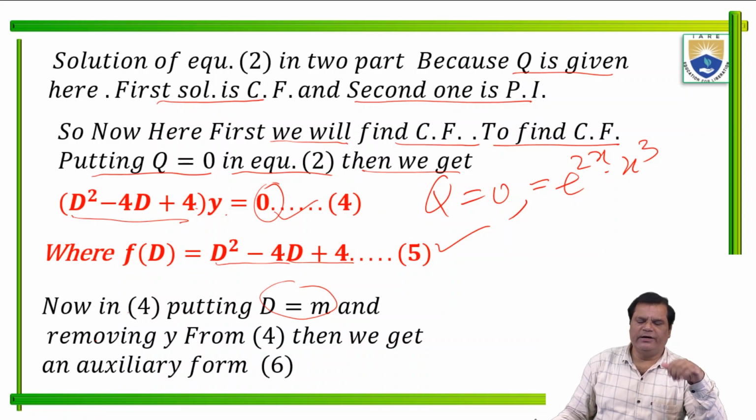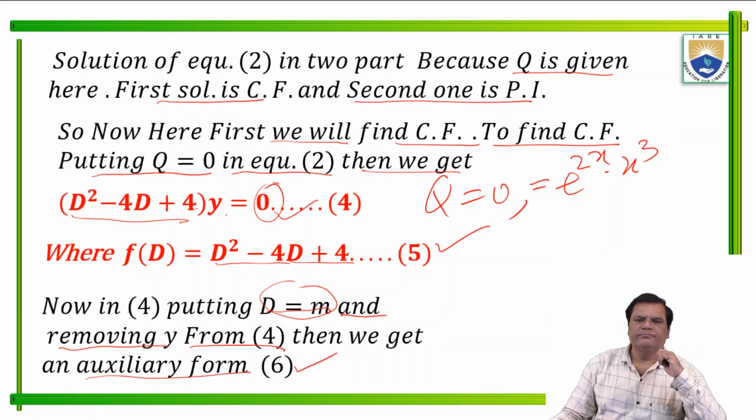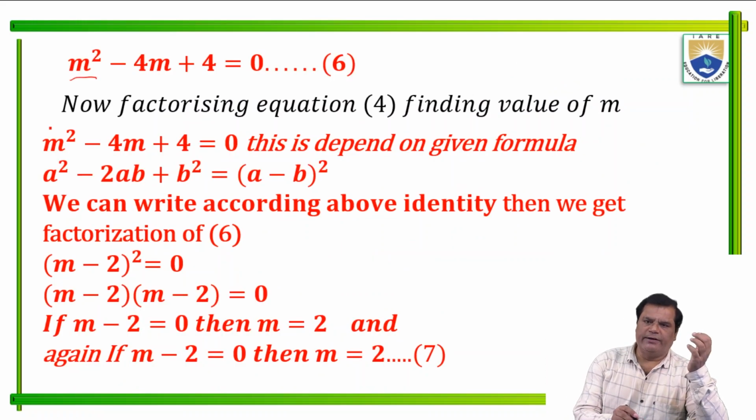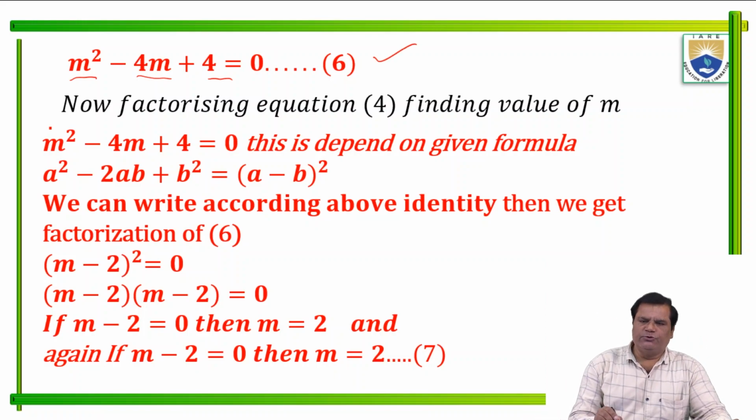Then the equation converts into an auxiliary form, equation 6, in the m variable. So the auxiliary form means m² − 4m + 4 = 0. This is equation 6.